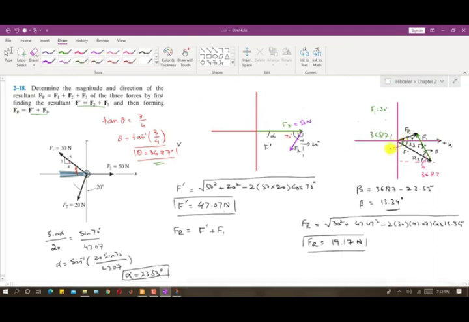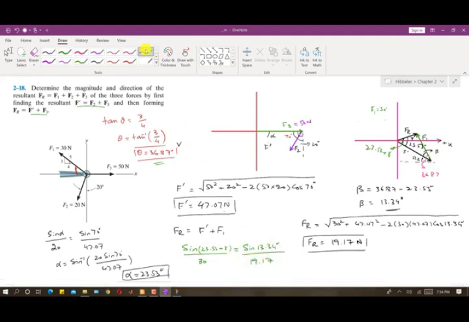Now we have the magnitude of F1 and F dash, so sine of 23.53 plus gamma equals, taking the ratio, the opposite side F1, whose magnitude is 30. And we know the magnitude of Fr and the opposite angle, beta, which is 13.34. So sine of 13.34 degrees divided by 19.17 will give us this gamma angle.